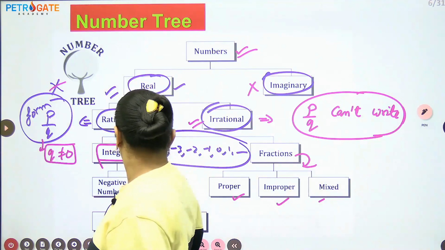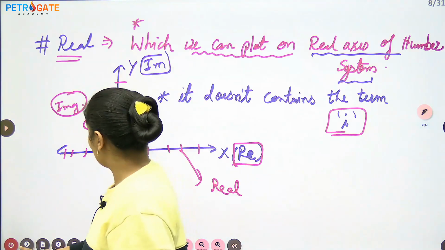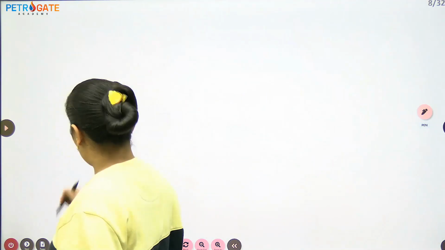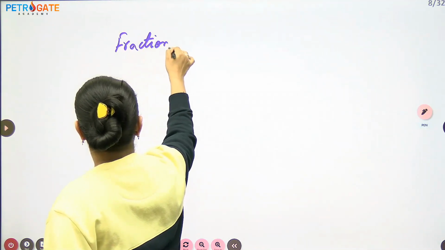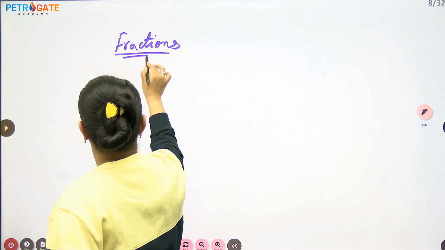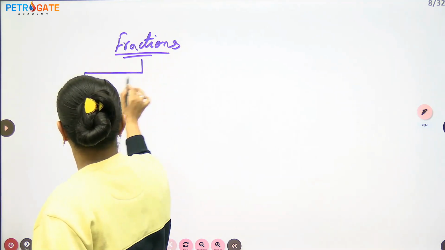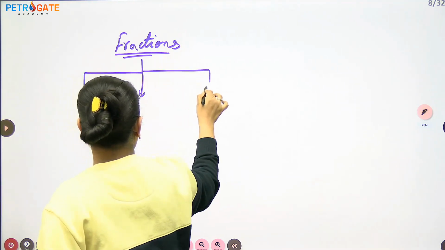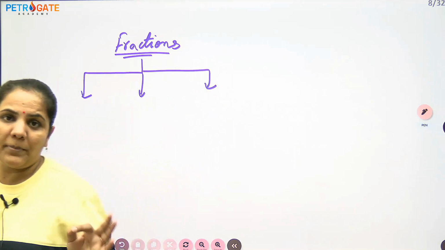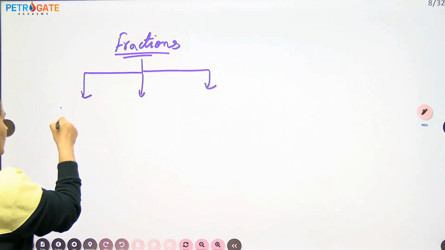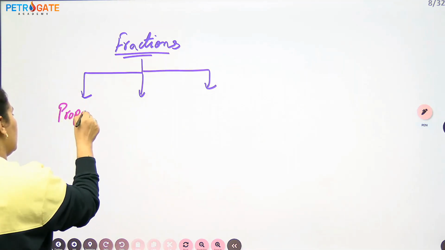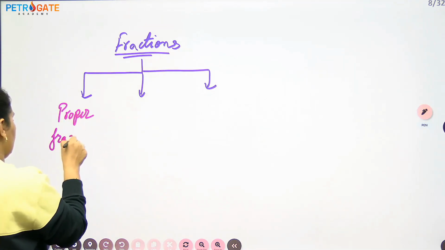Now, when we talk about the fractions, let's have a discussion on the fractions. Let me write down here about the fractions. When we talk about the fractions, it has three parts. The first one is proper fraction, improper fraction and mixed fraction.